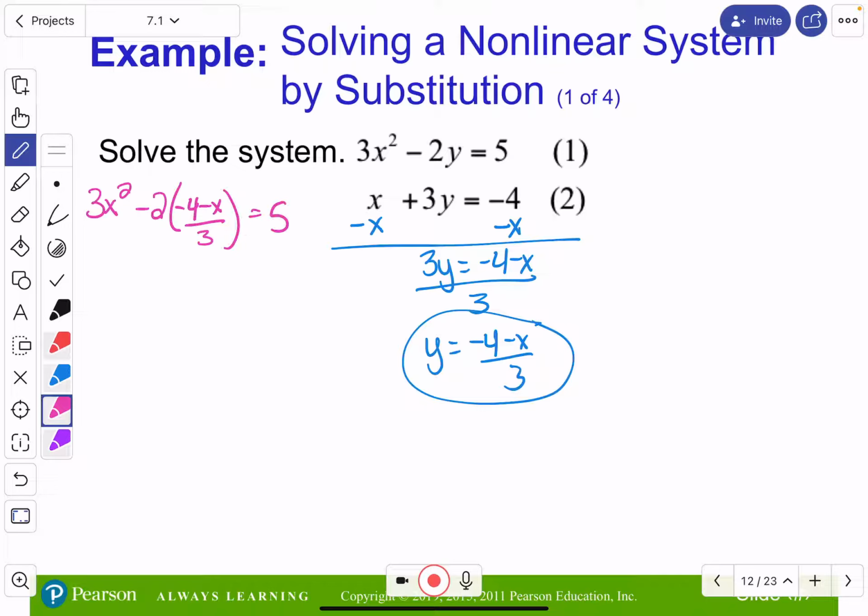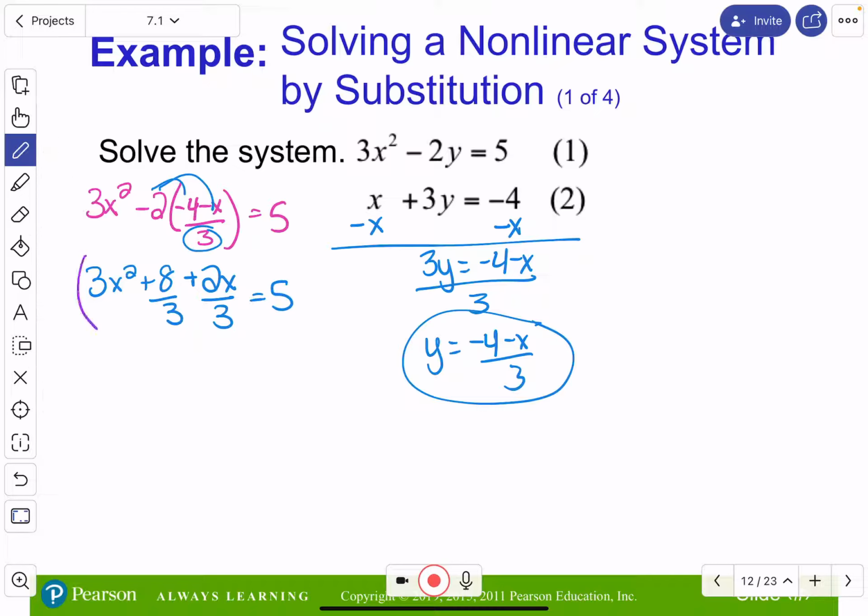If I multiply everything by 3, actually, first I'm going to distribute. Let's just get rid of these parentheses. So -2 times -4 is +8, and -2 times -x is +2x. And if I put those over 3, because of this 3 here, we have that equation.